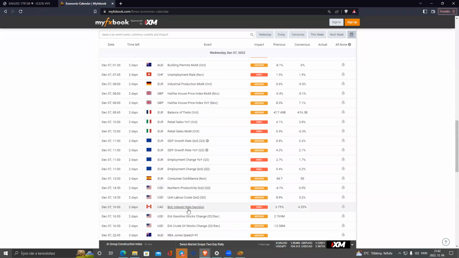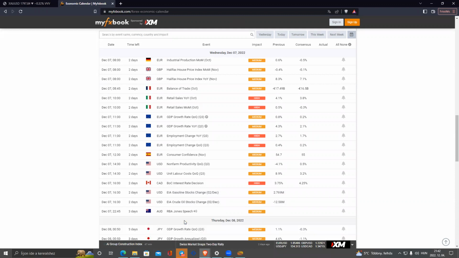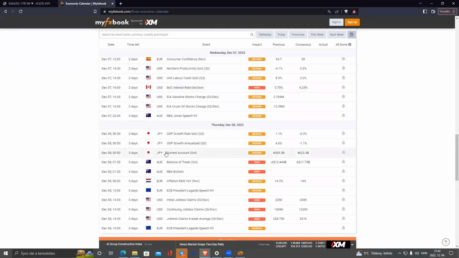Interest rate decision. This is more interesting for the Canadian dollar, but how it looks, it will be negative as well for the Canadian dollar. I see big news, balance of trade, RBI bulletin. This could also be something interesting.